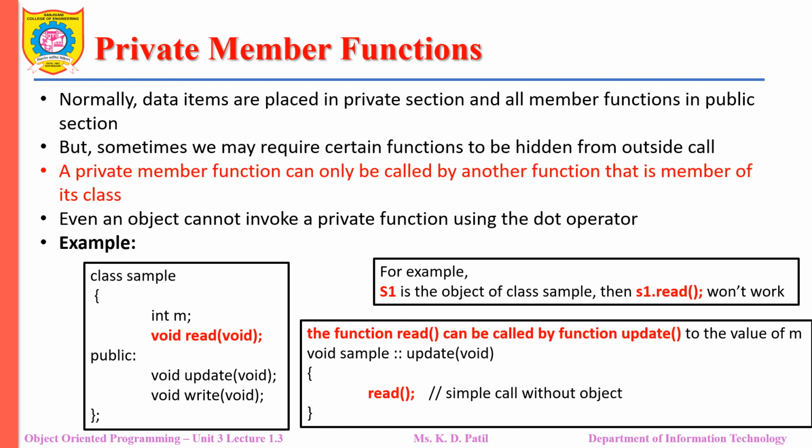For example, if we use the outside member function definition, we have void sample scope resolution operator with update as my member function, and inside that update I can call that read member function. So this is valid. My member function which is declared in the public section can call my member function which is declared in the private section. Likewise private member functions can be called in the class.